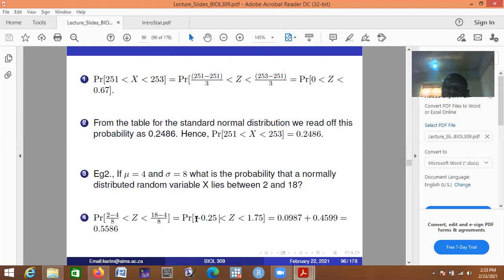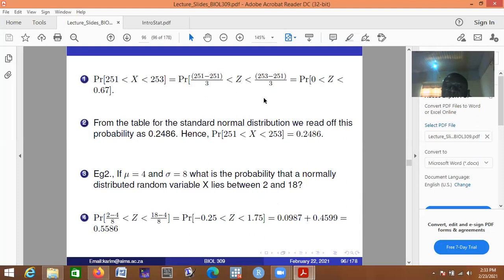So we go to the table and read 0.25. We read 0.2 on one side and 0.05 on the other side, and the value we are going to get is 0.0987. And then we go to the table again. We'll read 1.7 on one side, and 0.05 on the other side, and we are going to get 0.45. So let's go to the table.